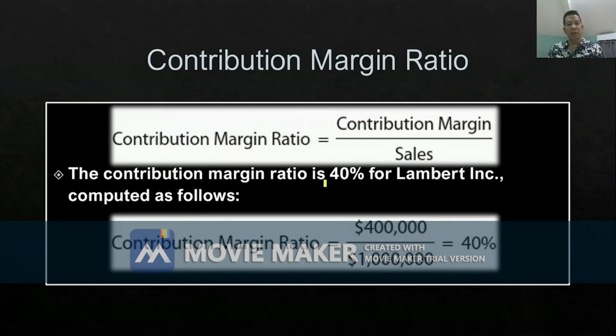So the contribution margin ratio equals the contribution margin of $400,000 over the sales of $1 million. The result is 40 percent. Lambert has a 40 percent contribution margin ratio.